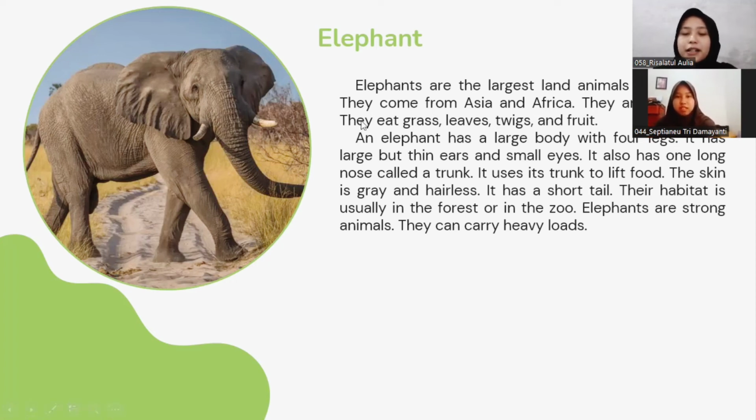Okay, is the first paragraph identification or description? It is identification, Miss. Okay. For the next paragraph? I think it is description. Okay, that's right. It means that you have already understood the material. You can analyze the structure of this text.